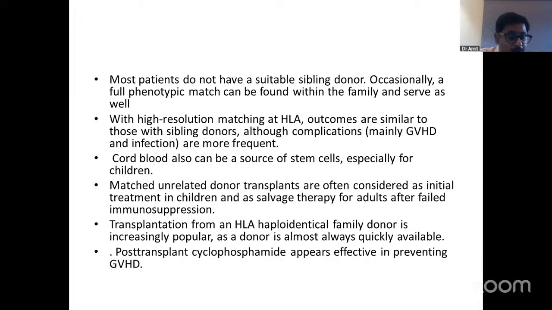Matched unrelated donor transplants are often considered as initial treatment in children and as salvage therapy for adults after failed immunosuppression. And transplantation from an HLA haploidentical family donor is increasingly becoming popular as these donors are quickly available. Now, post-transplant cyclophosphamide appears effective in preventing GVHD.